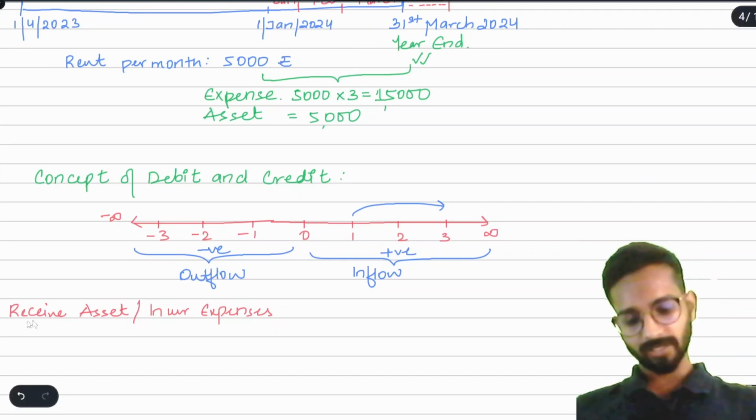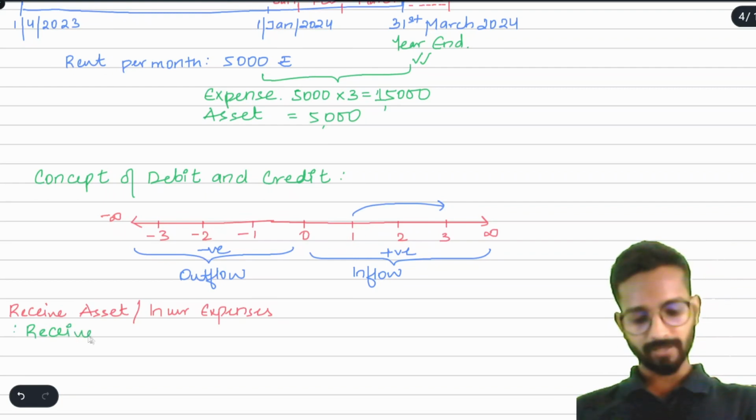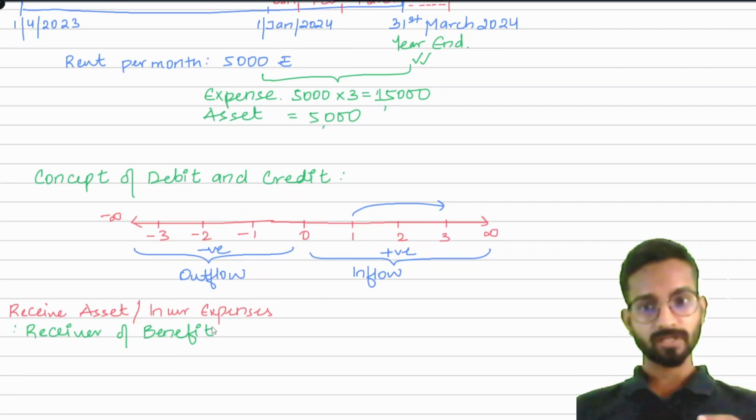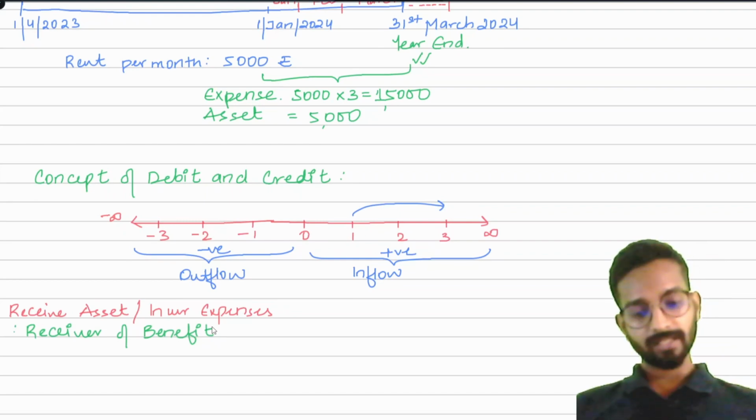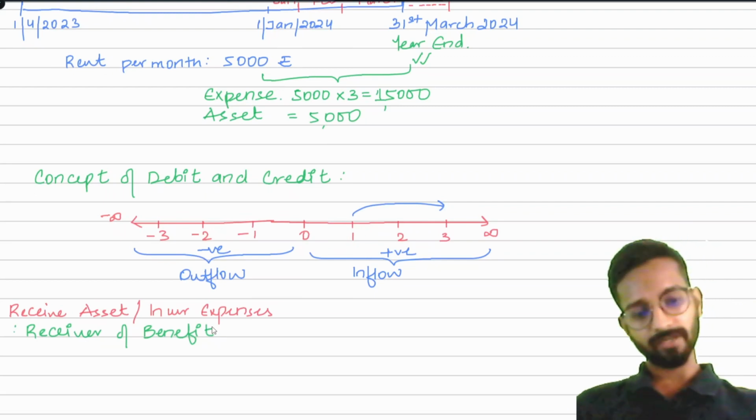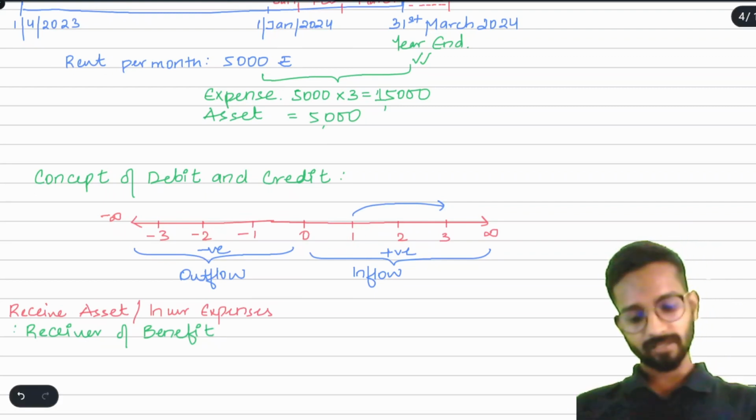Now be very very careful. It means we are the receiver of benefit. And we had already learnt this in the classification of accounts, that the receiver of benefit should be debited. That is the reason why asset and expenses are debited. So I will write here receiver of benefit, asset and expenses will be debited.